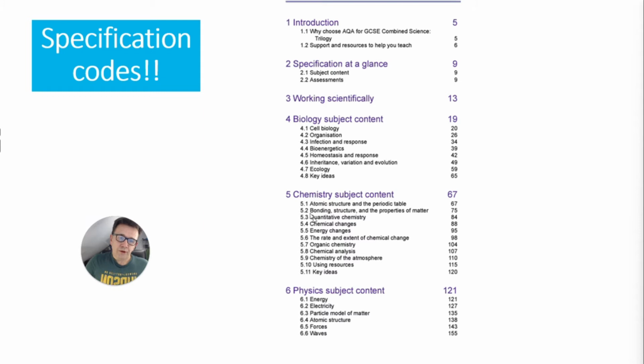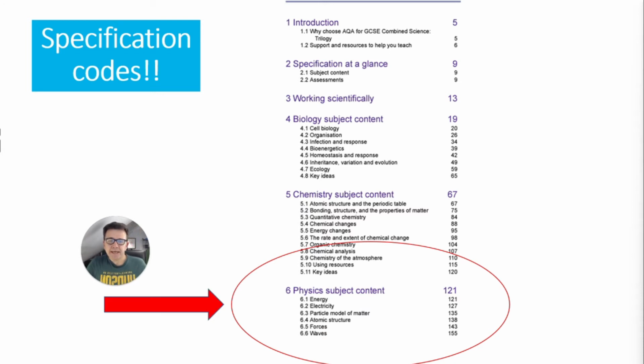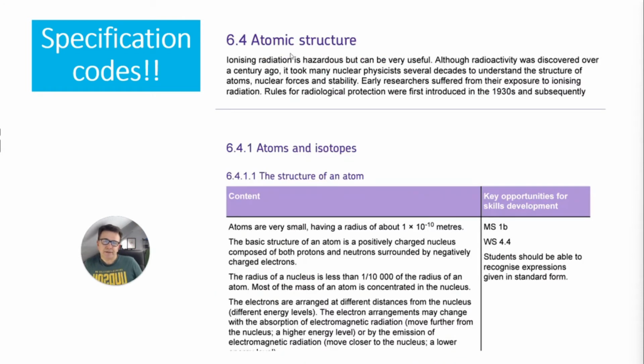So you've got all the three sciences there that you're going to be examined on. And we're going to talk about physics today. Okay, and then you can see here, for example, 6.4 is atomic structure, and then it's split into 6.4.1 atoms and isotopes, and then into other substructures. So it's important you check what is going to be in the exam from what I'm going to show you.